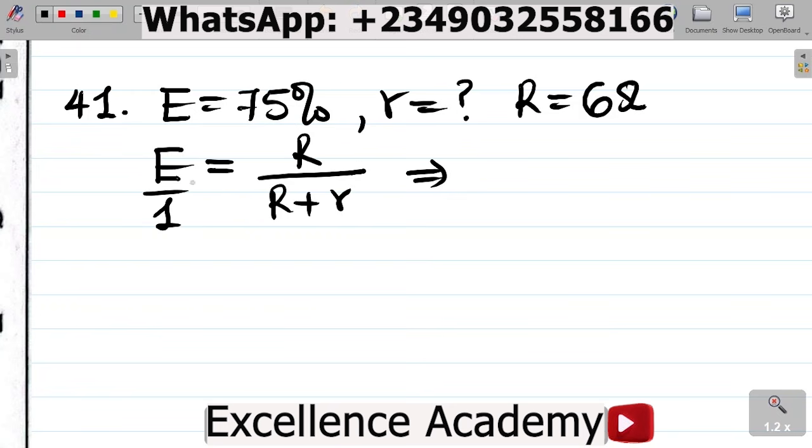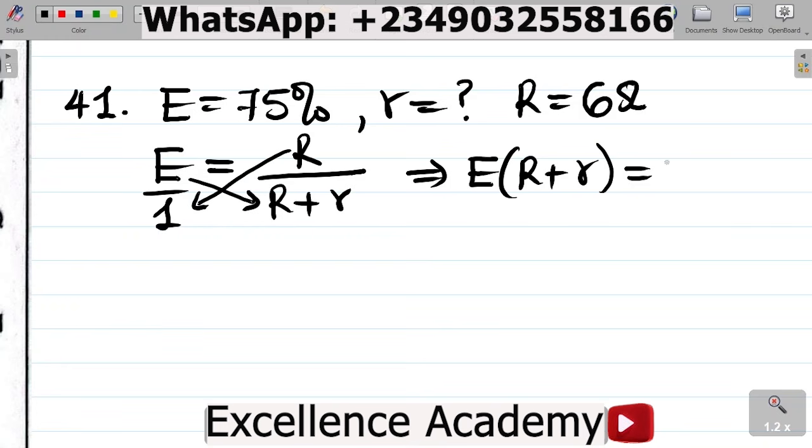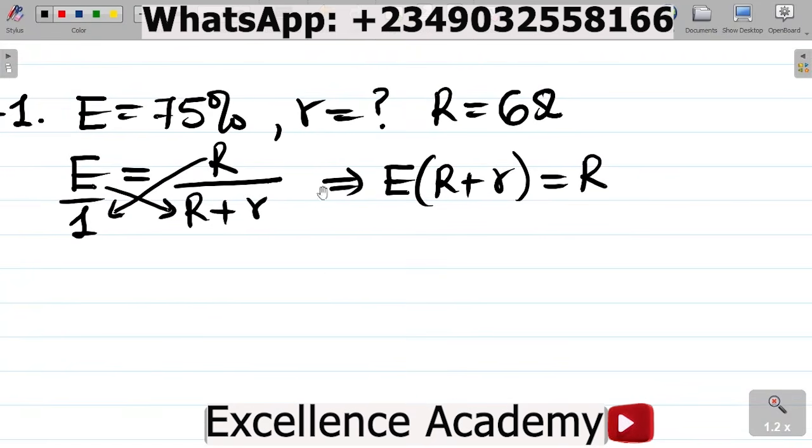If I cross multiply, E times external resistance plus internal resistance is equal to capital R times 1, which is capital R, that's external resistance. We have to find the value of small r. And what do you do here? Divide here by E, divide here by E. From here, this cancels this.